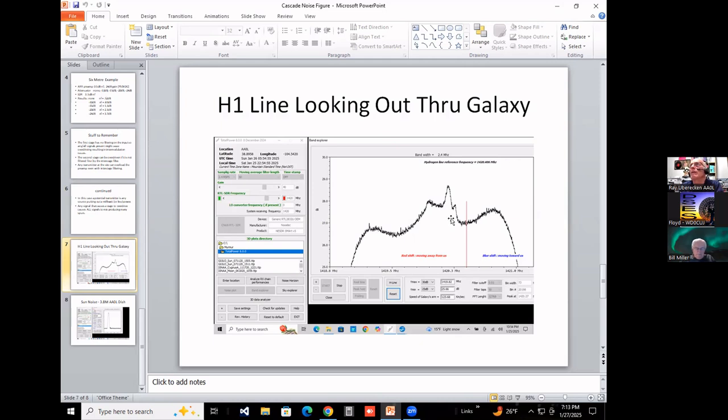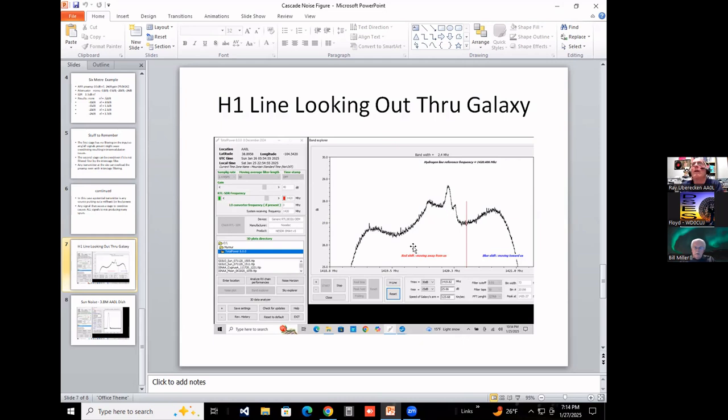Surprisingly enough, I didn't expect that, but that's what it shows. If you put your cursor on this when it's live, it tells you the amplitude and the frequency, and it can even tell you down here what speed the hydrogen is moving, either away from you in this area or toward you over in this area. This is higher in frequency, this is lower in frequency. That's a typical run that I did Saturday evening.